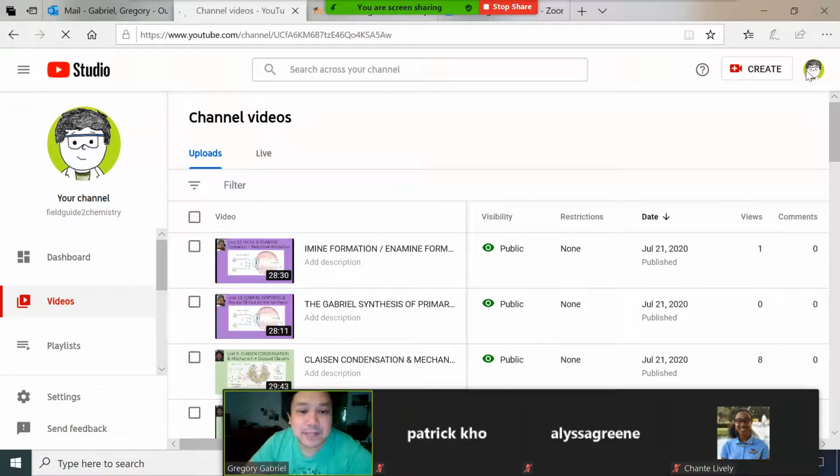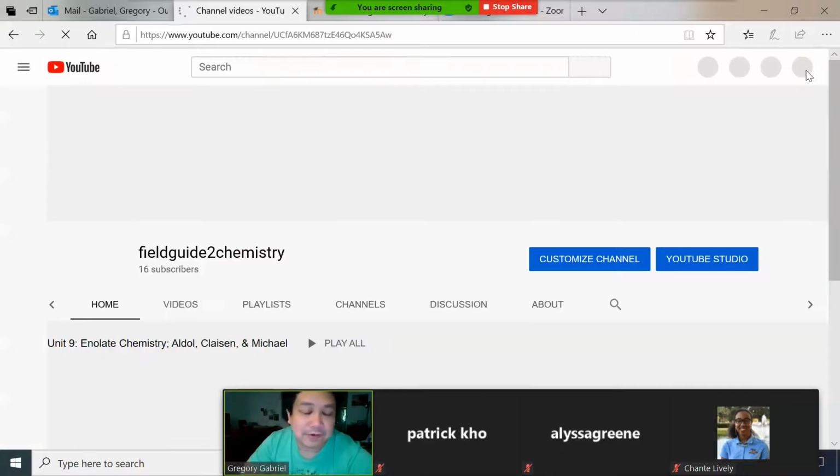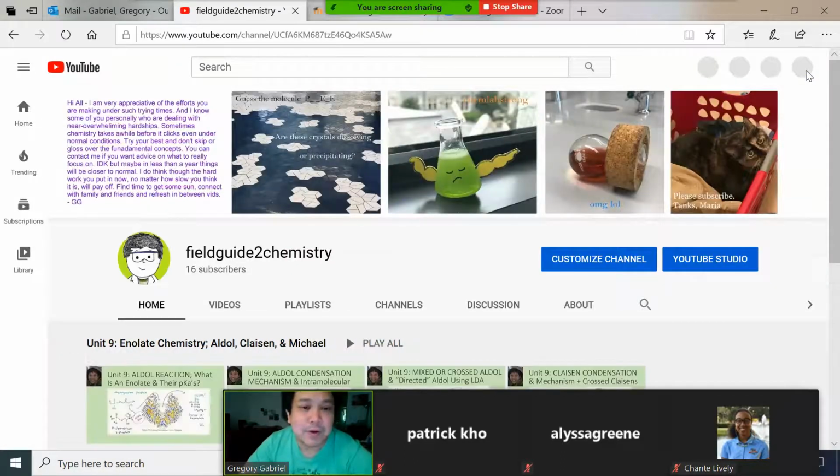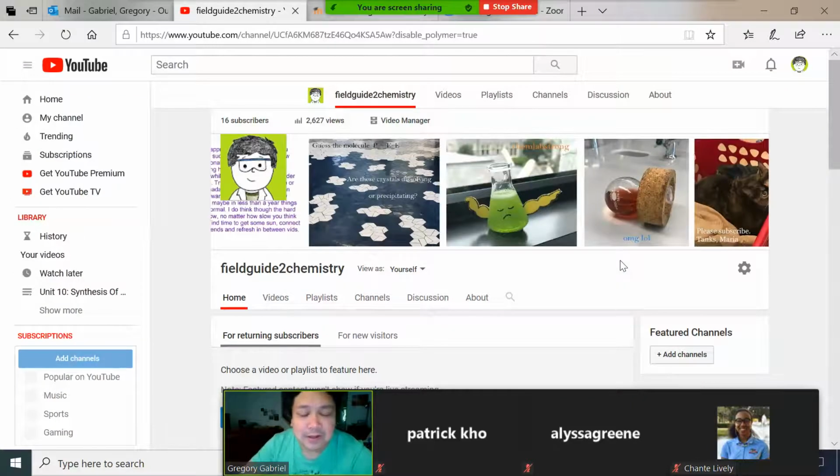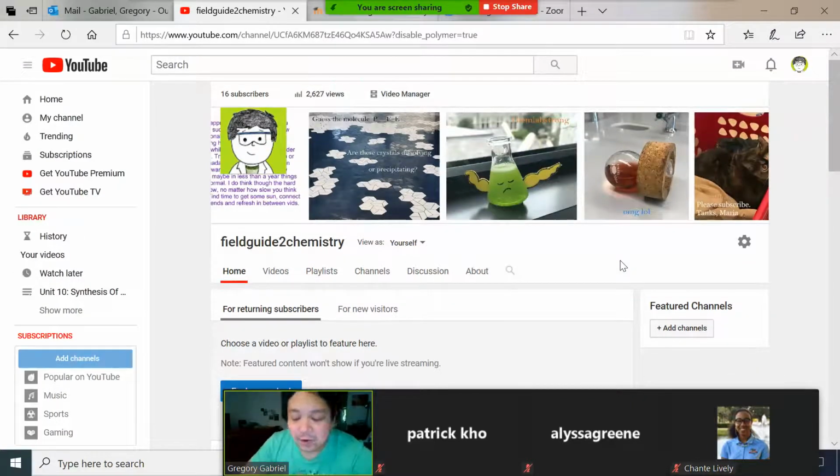Unit 10 is different than Unit 9. Very different, because we're working with molecules that have nitrogen. Amines. Amines could fit really after a lot of different units. I chose to fit it after the enolate because we're going to form molecules called imines and enamines, and they have very similar, maybe not reactions, but very similar structures to the enolates.